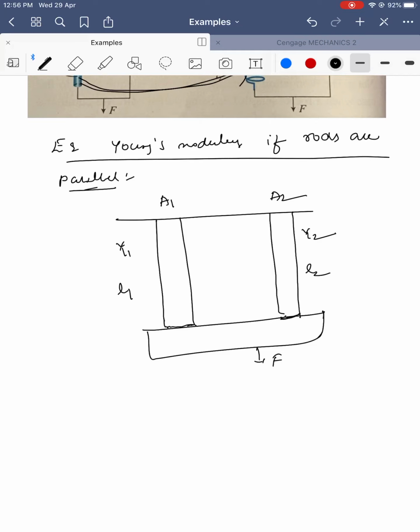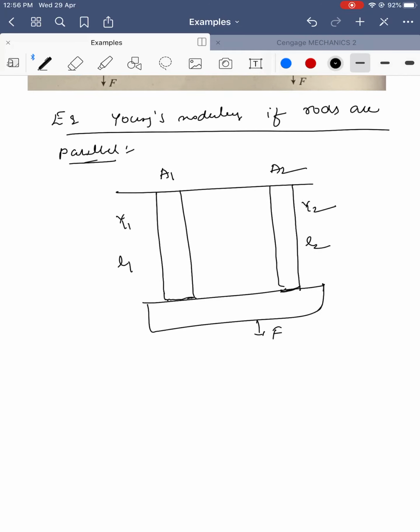Instead of these two rods, I should replace them with a single rod. So how are these two now? Parallel. If these two are parallel, K equivalent is K1 plus K2, which is Y1 A1 by L1 plus Y2 A2 by L2.